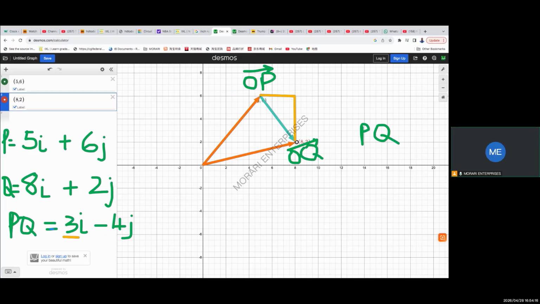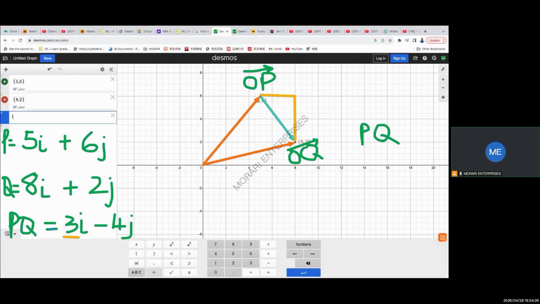So even though we are drawing this vector in space, it's just like we are shifting. So what do they do normally? Normally, if we want to draw this vector in our Cartesian plane, this vector will just be represented by what? 3 comma minus 4. 3 comma what? Negative 4. And it will be the point.